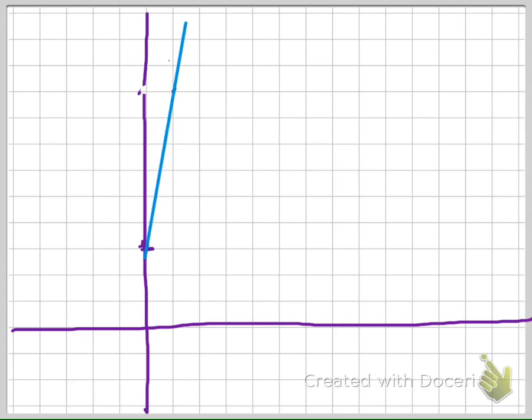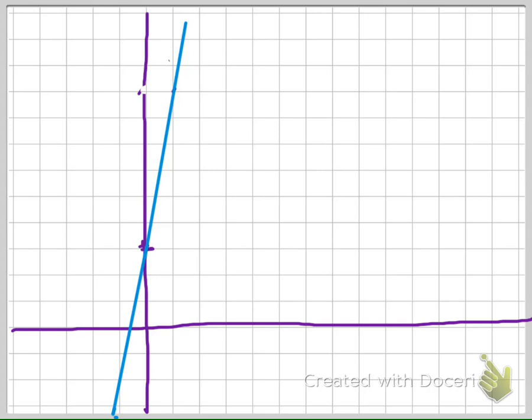And I can also go down 6 and over 1 if I have room. I don't know that I have room. We'll try here. Down 1, 2, 3, 4, 5, 6. And since I was going to the right one before, I have to go to the left. There we go. And the line goes right here.